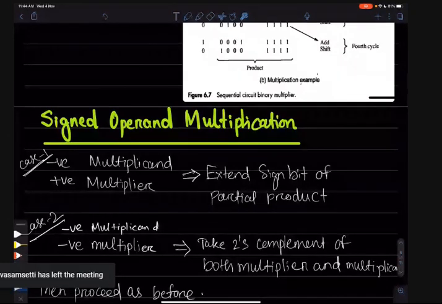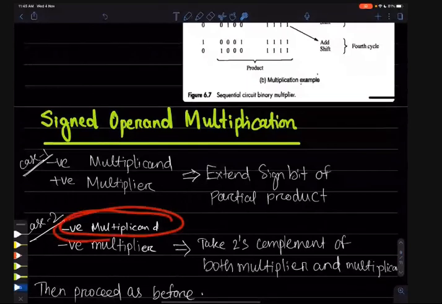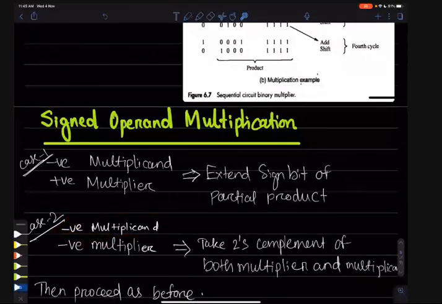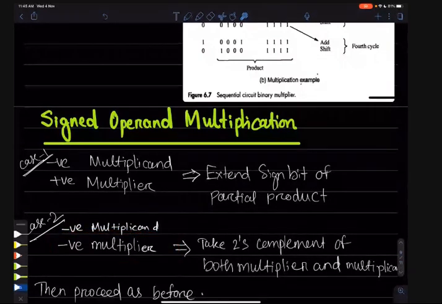It's a positive number, yes. And the 2's complement of a negative number we have to take because you have to make it positive. Whenever we see the multiplier is a negative number, we have to take the 2's complement.